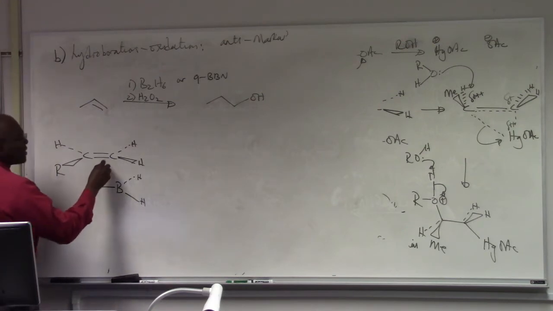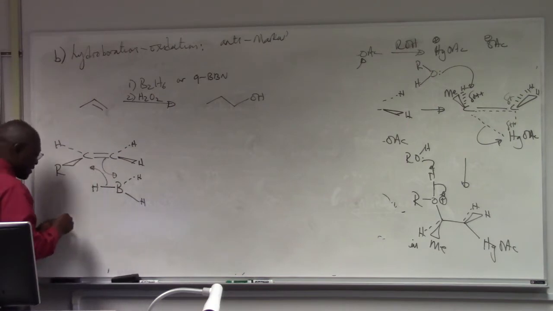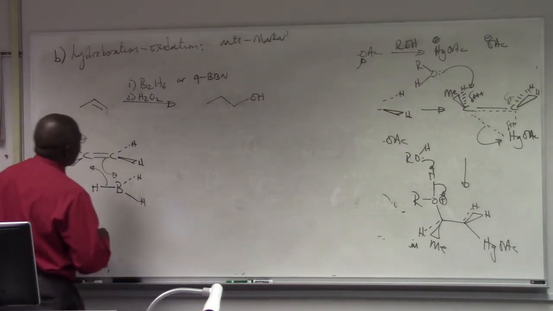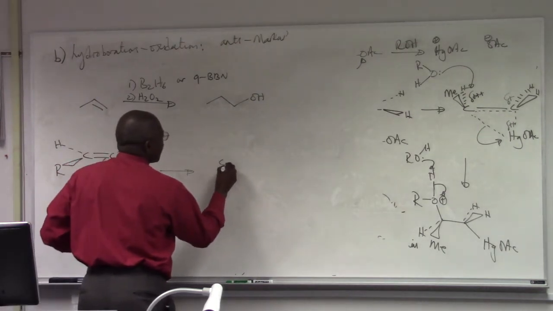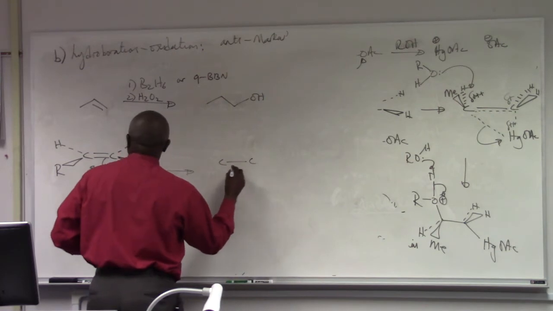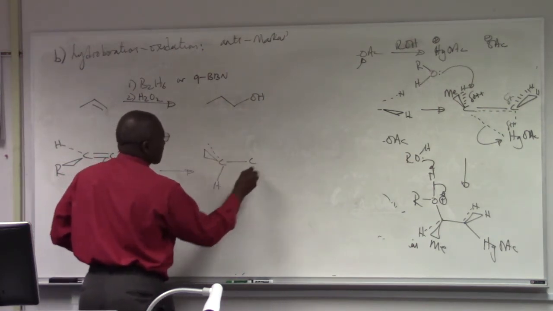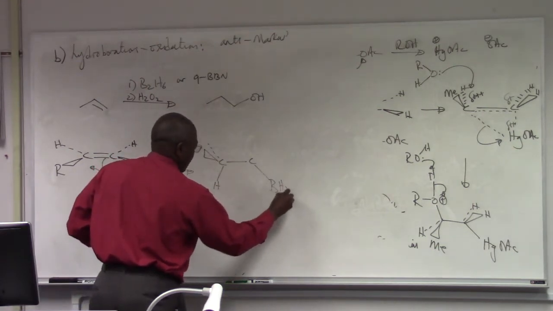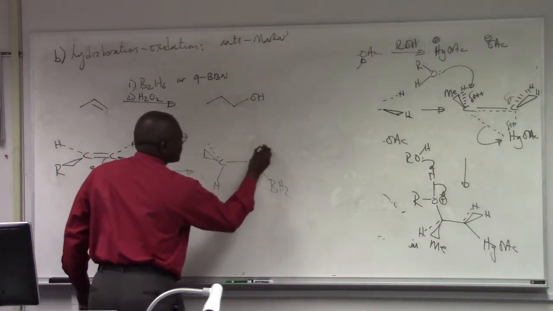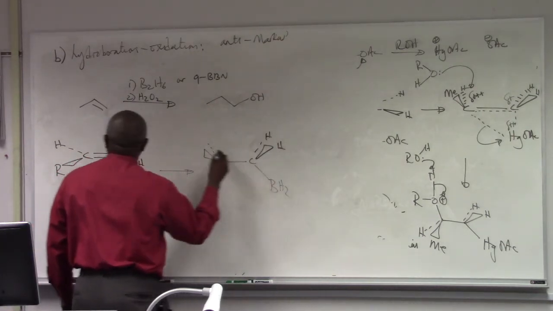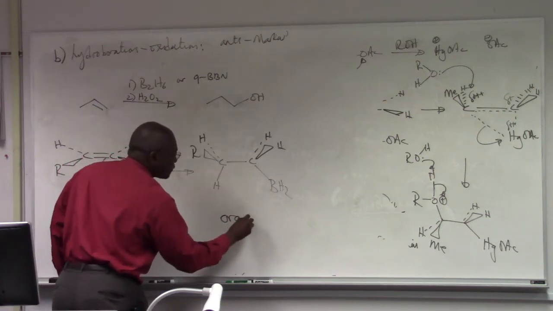What happens next is the alkene attacks the borane, and you end up making this species. This is called an organoborane.